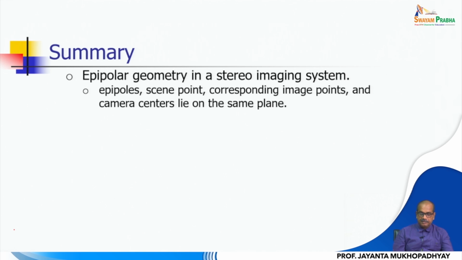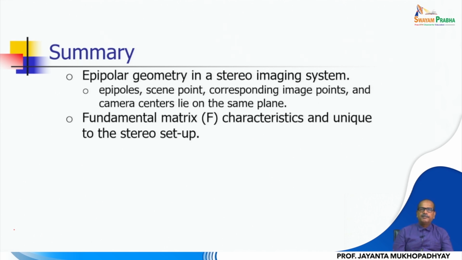So how could that epipoles, then with respect to scene point, there are pairs of corresponding image points, and there are camera centers, and all of them lie on the same plane. Then the fundamental matrix of stereo geometry characterizes uniquely the stereo setup.